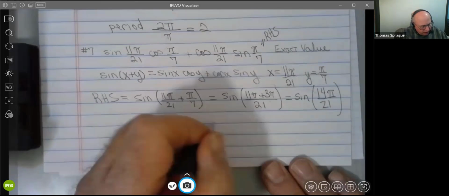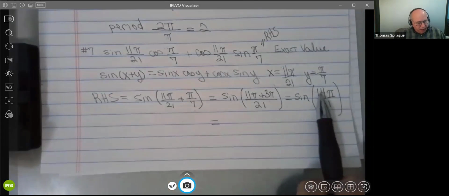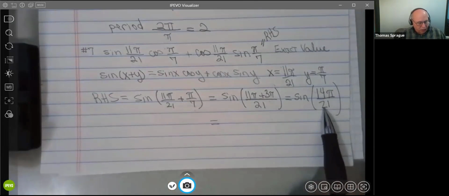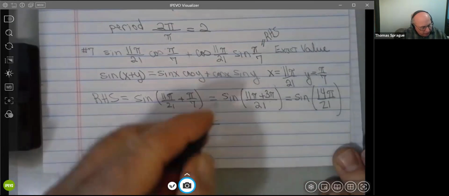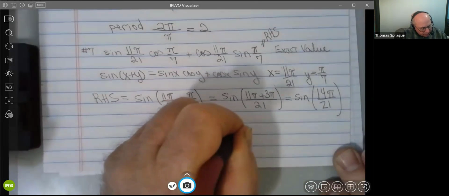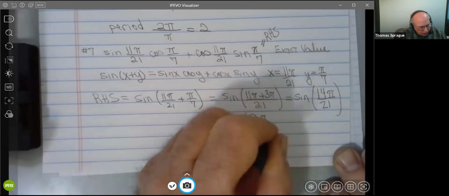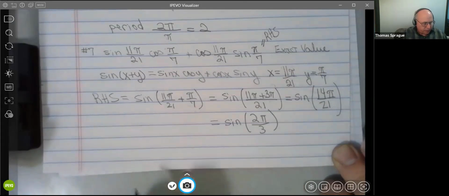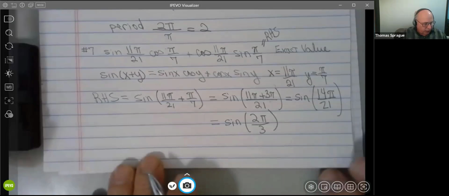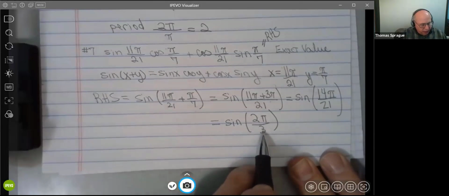And then at this point, finally, we say, aha, there's a 7 in 14 and there's a factor of 7 in 21. So divide the 7s out and I have 2 pi on the top and 3 on the bottom. 2 pi over 3. 2 pi over 3, let's see. Pi over 3 is 60.